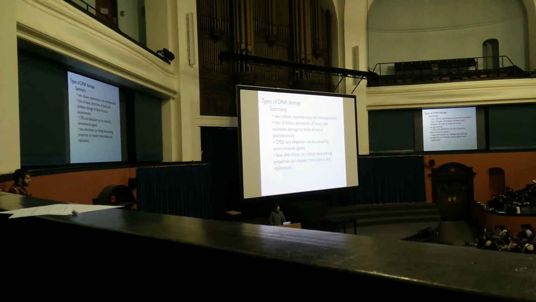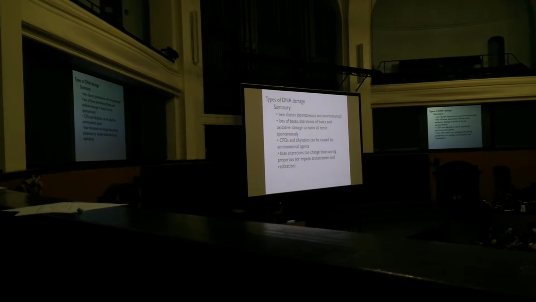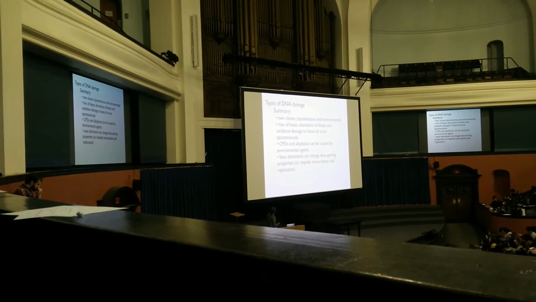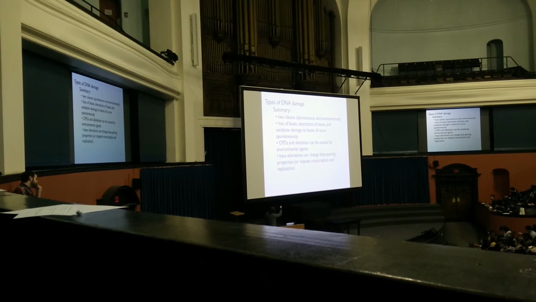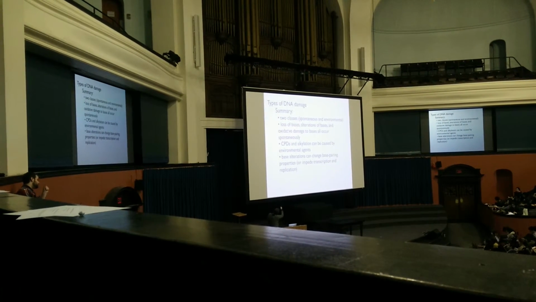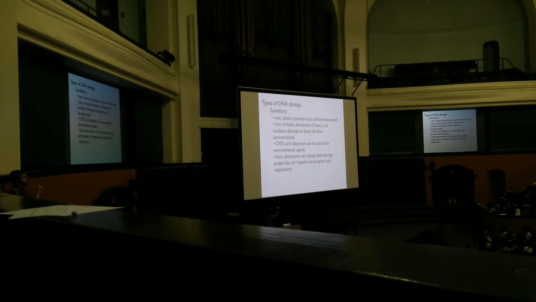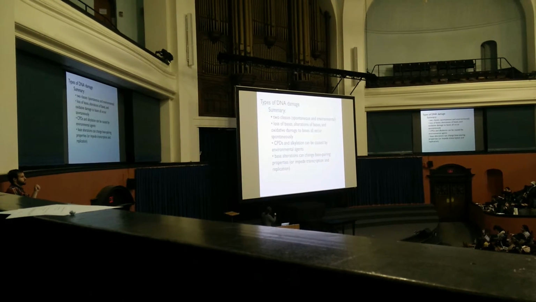Okay, so let me just very quickly summarize, and then we can take a break. So I've showed you 2 classes of DNA damage that arise either from sources within a cell or external to a cell. I've showed you the loss of bases, changes of bases, and oxidative damage to bases can all occur spontaneously.